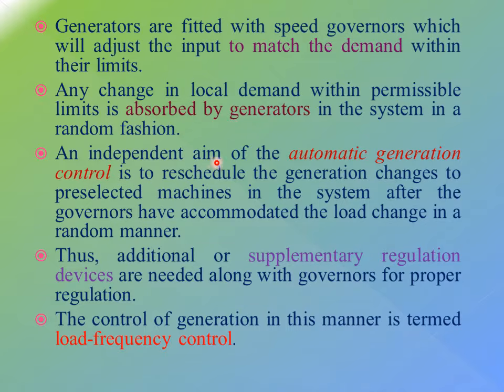The main aim of the automatic generation control is to reschedule the generation changes according to the load with the minimum cost. All these things can be done with the help of the governor and also with the help of the supplementary regulatory devices. The control of generation in this manner is called load frequency control.